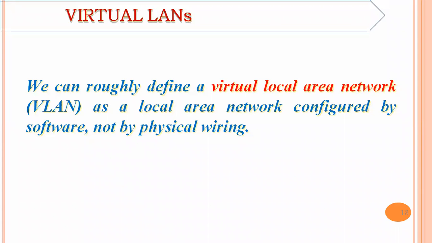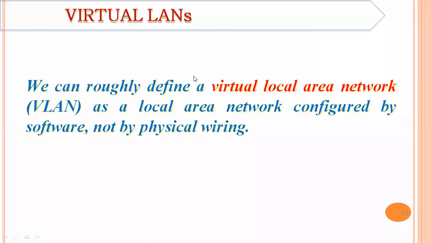We can roughly define a virtual local area network as a local area network configured by the software, not by the physical wiring. We have various software tools that are used for virtual local area networks, basically before implementing the physical LAN. So a virtual LAN is not made by physical wiring.